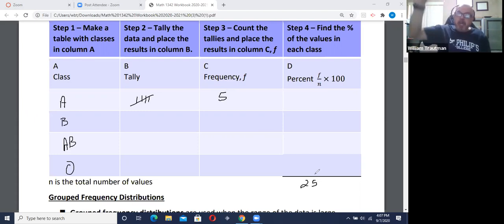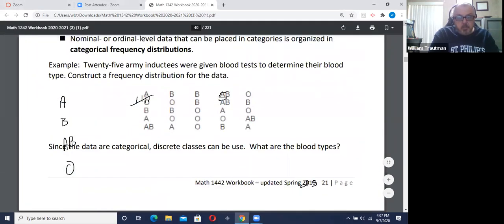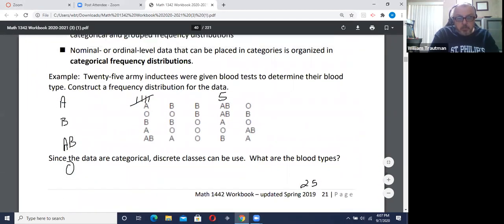Now, I don't want to go back and forth over and over again, so I'm just going to make these numbers up. I don't know how many B's. Well, maybe I should go back and actually do it. I'm going to go back and count the number of B's. B's were 1, 2, 3, 4, 5, 6, 7. So I count 7 B's.